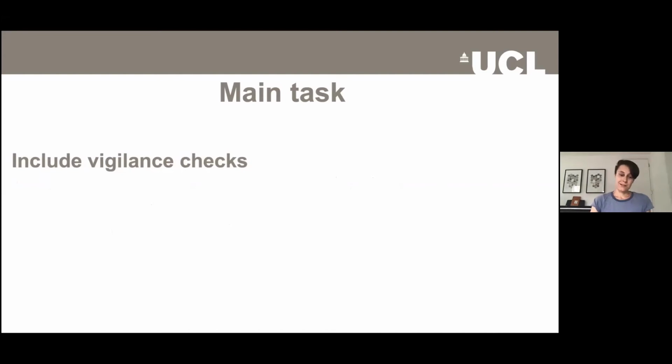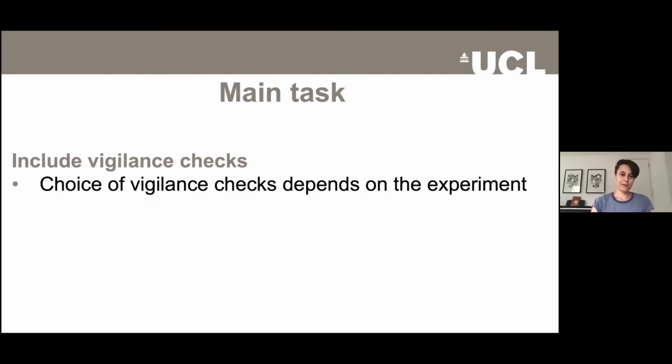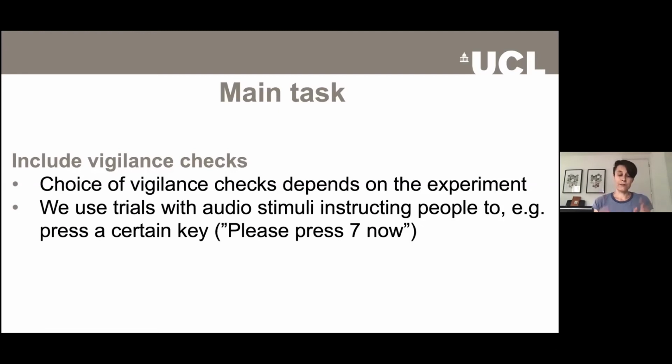Include vigilance trials. Don't trust your participants blindly that they will do the task and will do it well. The choice of vigilance trials depends on the specific experiment. There's a trillion things you can do, and only you will in the end know best what you want participants to pay attention to and how you will check that. So I can only tell you what I tend to do. I use fairly obvious vigilance trials.